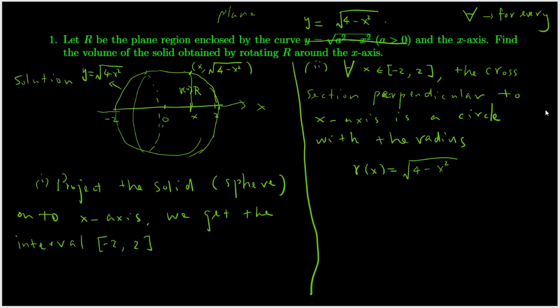Does that make sense? For each value of x on the interval, the cross section perpendicular to the x-axis is a circle with that radius. After getting the radius, we are ready to get A of x.